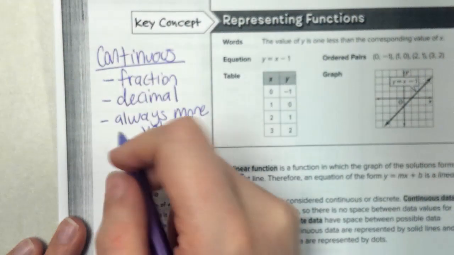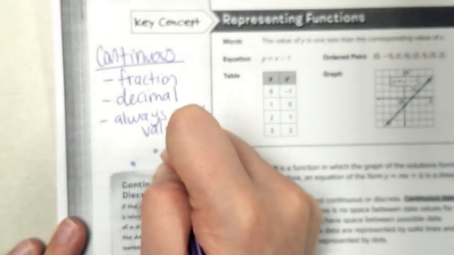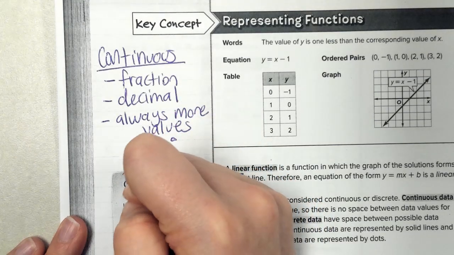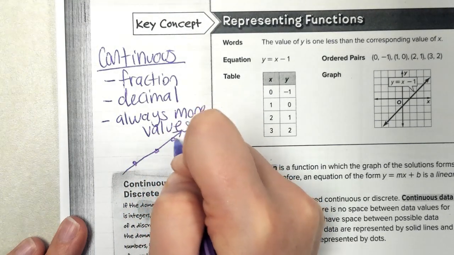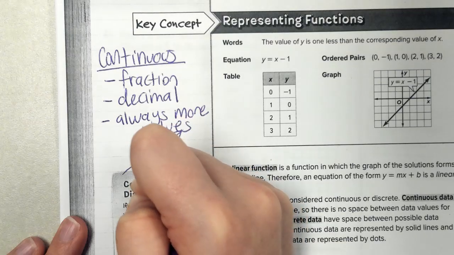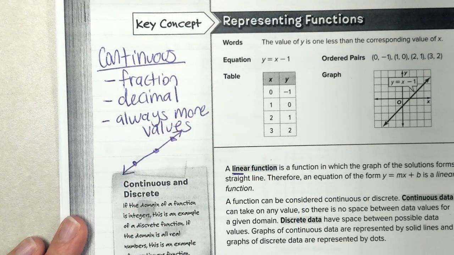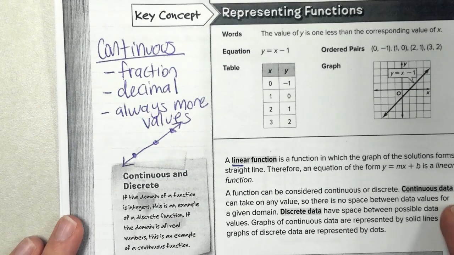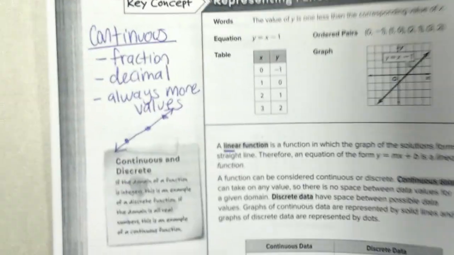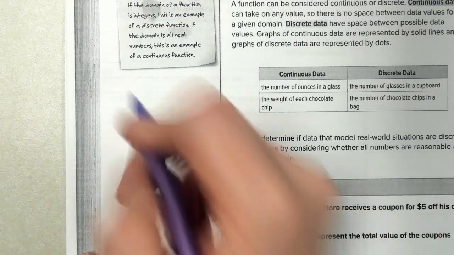When we do this, our line, when we have points, will be connected. So our linear function will have a line going through it. Okay? Again, if you need to, pause the video so you can get all of that down.